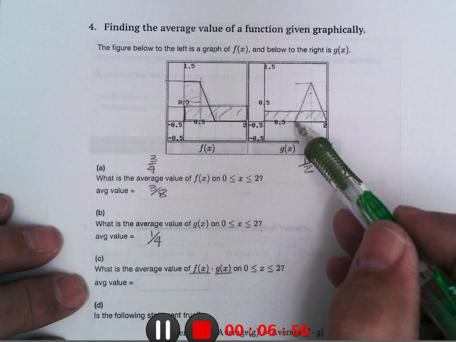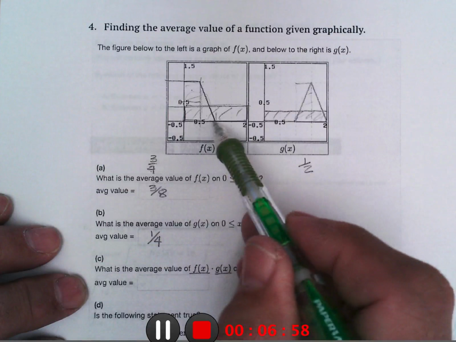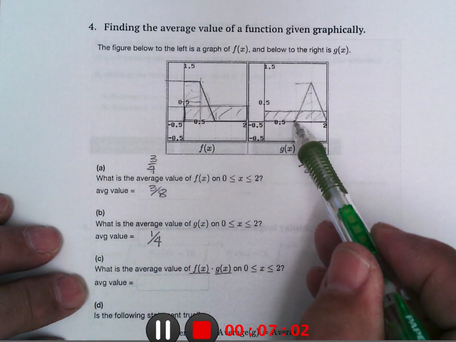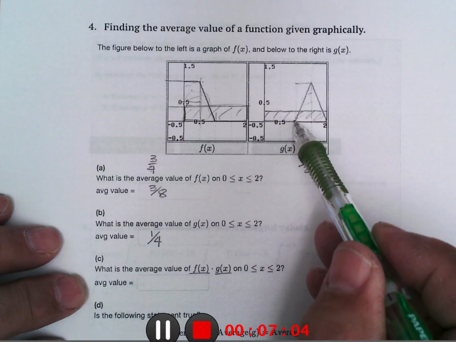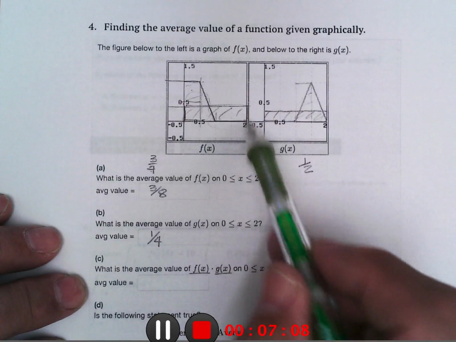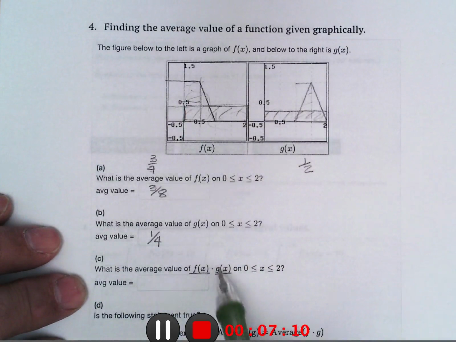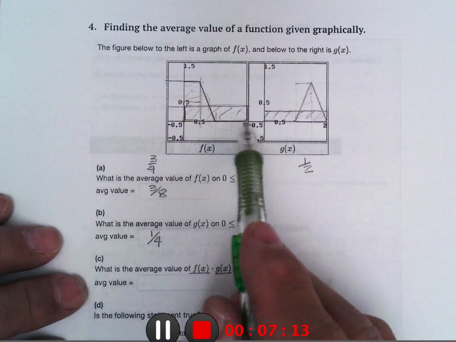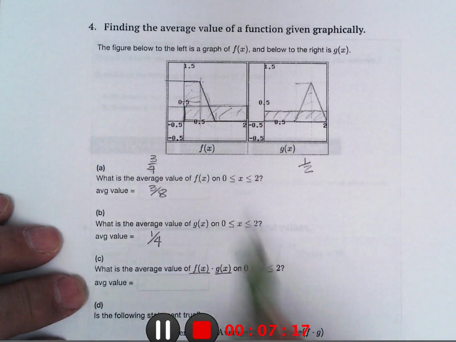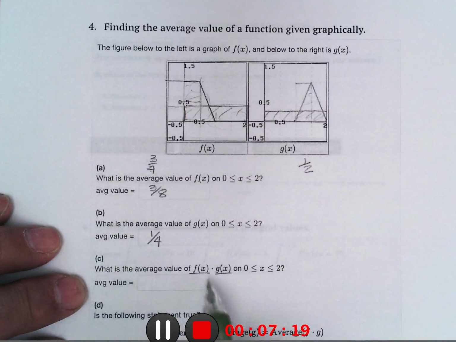So something times 0 over that first 0 to 1 is 0 when we multiply those two. And then for the second part, this one's 0 and this one's not. So for that second part, from 1 to 2, the product is going to be 0. So the average value, since there's no area under the product, if you actually do the product of these, you get 0.